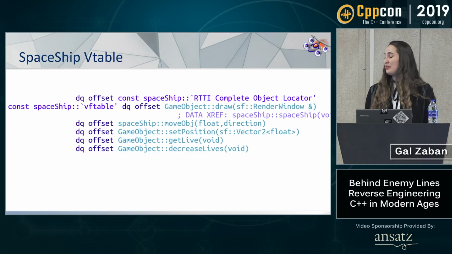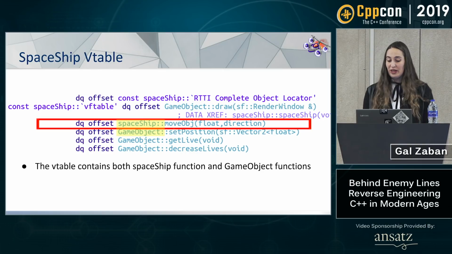This is the spaceship vtable as it is represented in IDA. I know you might see vtables a bit differently, but this is how IDA represents it. The weird thing is that you have many functions from game object, but only one from spaceship. The name of the function is move object, and it contains both game object and spaceship.